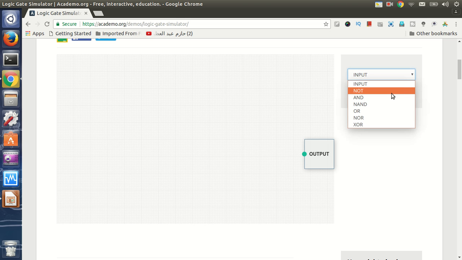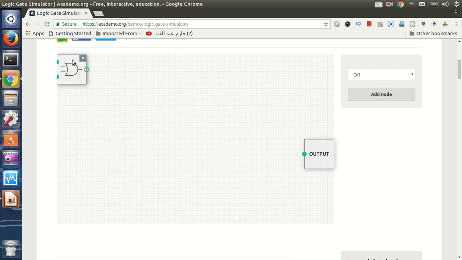I want, what was my equation? We needed an OR. Add node. Here's an OR. Where I had, why did it go down? And we had an AND, and we had another AND.